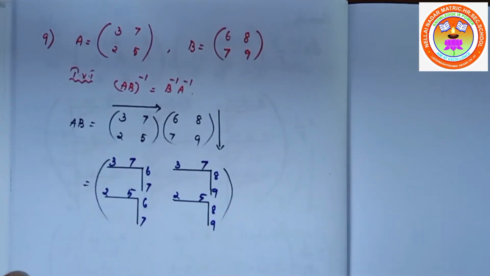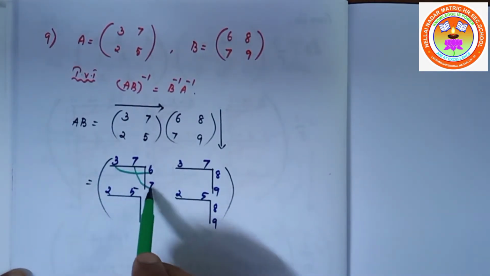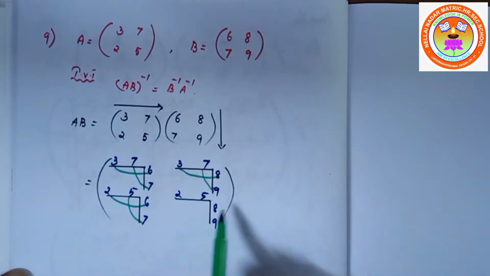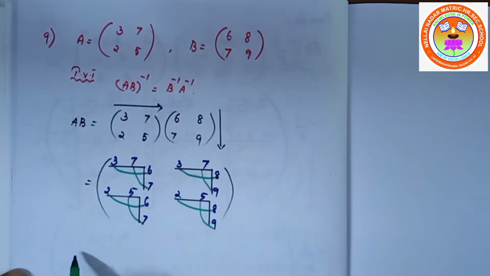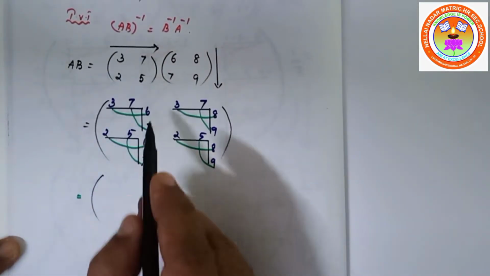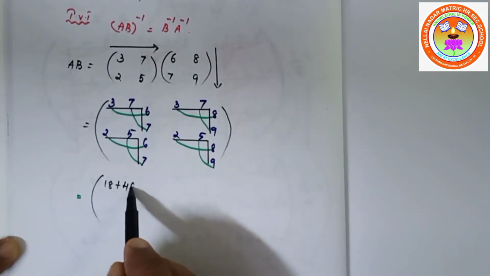After that, you have to multiply in this order: first with the first, second with the second. So 3 6s are 18, 7 7s are 49, so plus 49.